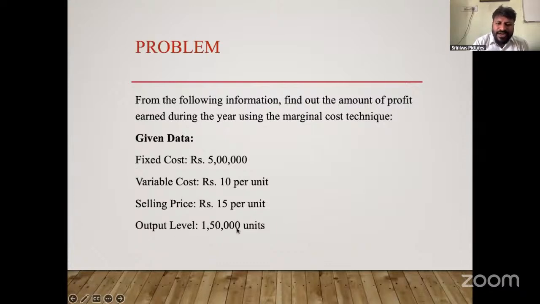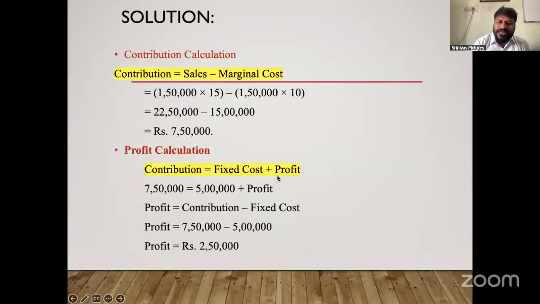Simply, output level I took 1,50,000 and multiplied by the selling price, that is 22,50,000, total sales, minus variable cost. The cost per unit they have given, per number of units I took total variable cost, I deducted from sales to get that. This is the method. So here sales minus marginal cost, 7,50,000, is the contribution.